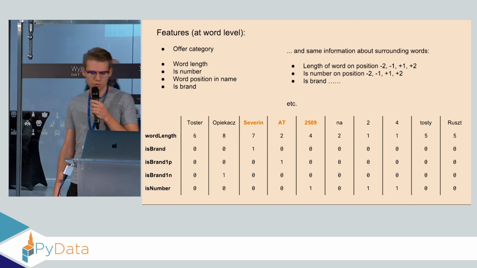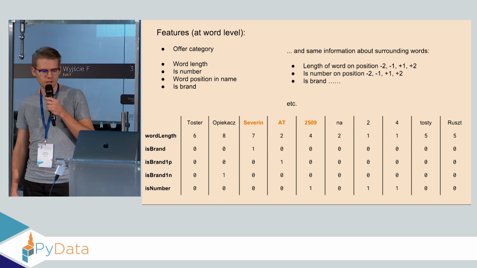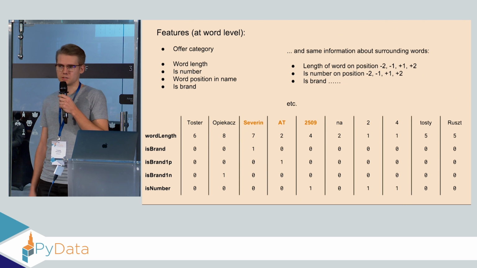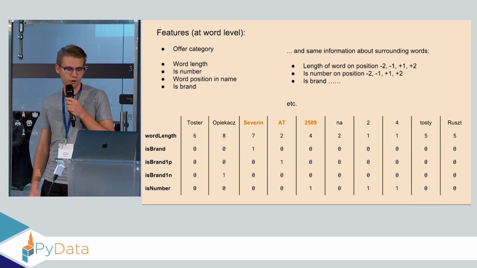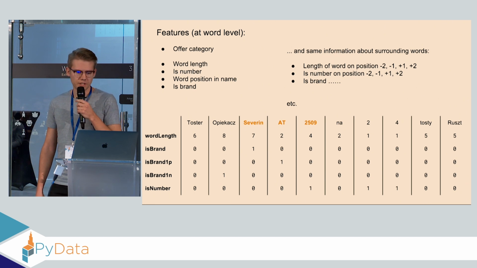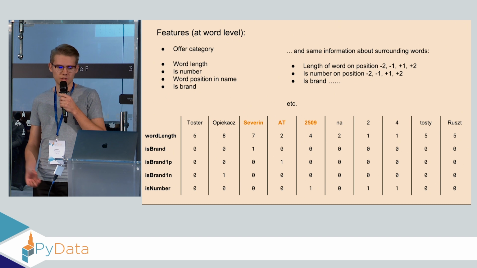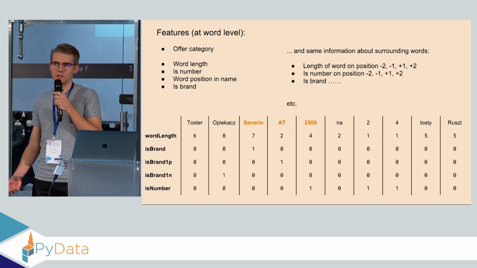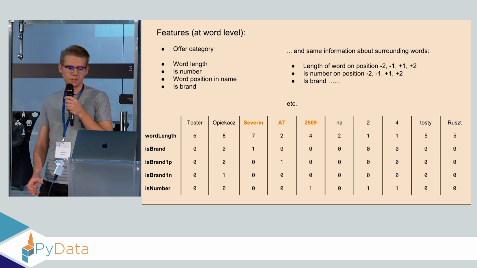So what we did was to engineer some basic features. Of course, offer category, because in each category there are certain specifics of offer names, even though they are quite heterogeneous. Then we got to certain specific features of each word: word length, is it a number or a character word, because we are splitting characters from numbers, and what was the position in the name.